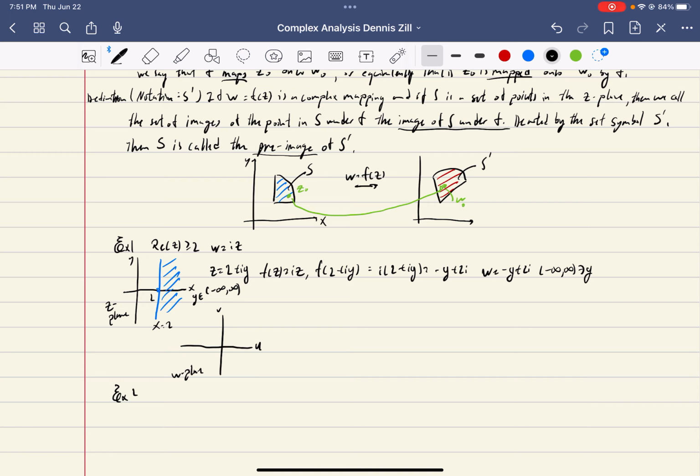The imaginary part of w is equal to 2, so we know 2i is over here, and we know it is inclusive. So we can draw it like this.